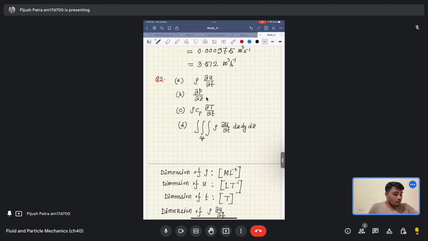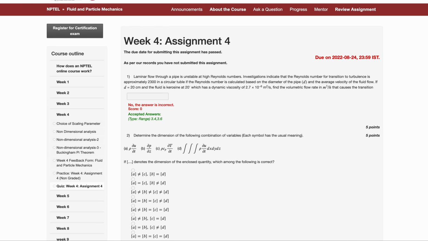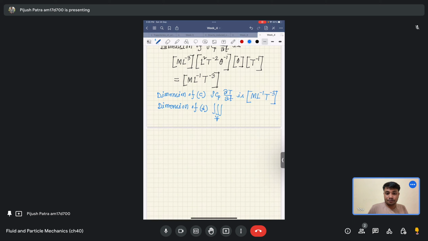So that means the unit of term 4 will be the unit of dimension of D, which is the volume integral of rho dou u dou t into dx dy dz.